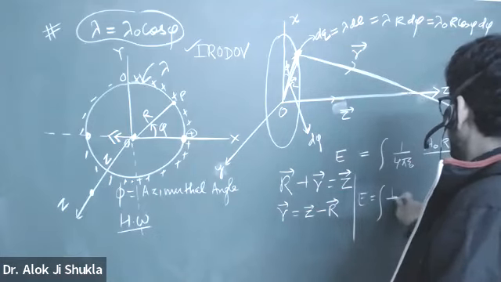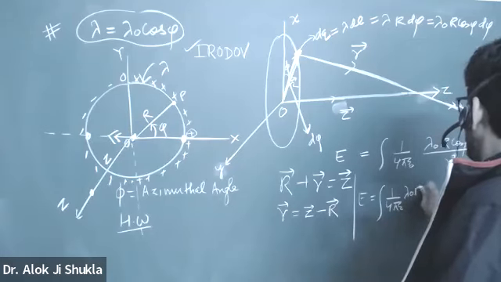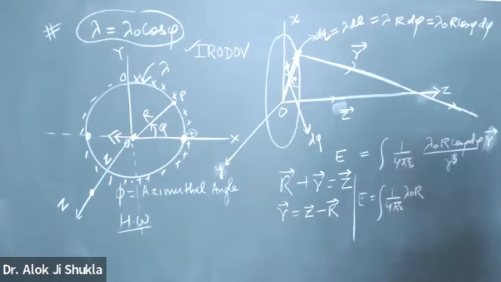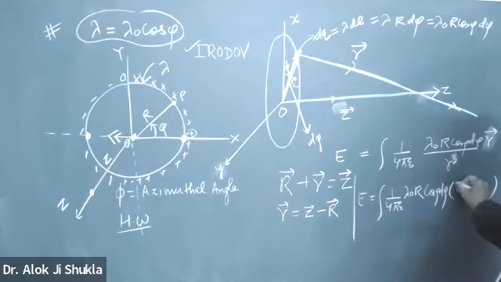So E will become integral 1 by 4 pi epsilon naught lambda naught r cos phi d phi into this R, Z minus r, and by R cube कितना होगा?